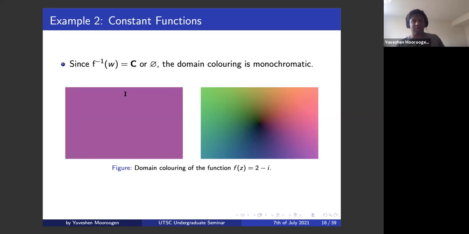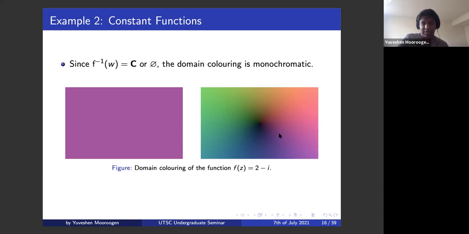The next example I want to consider is, again, pretty simplistic. It's a constant function. So this guy is just going to take every point Z in the domain to the same point, 2 minus i, let's say. Well, in this case, if I take my point 2 minus i, I need to start thinking about its pre-image, and its pre-image is just going to be the entire complex plane.